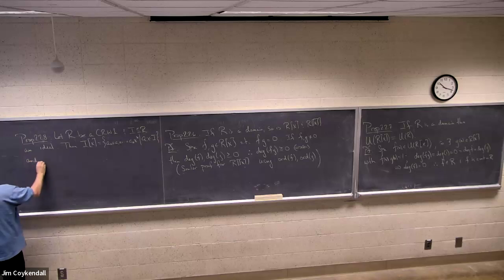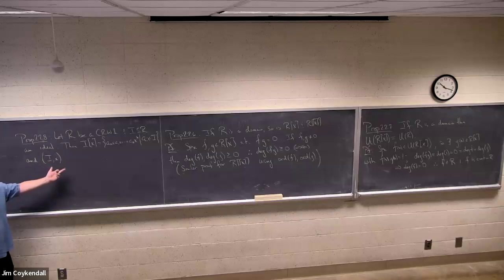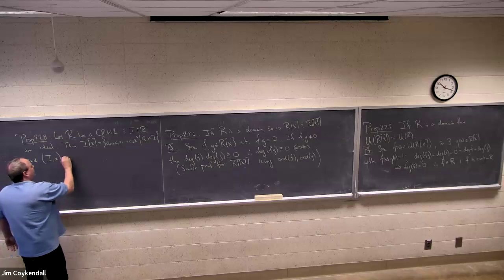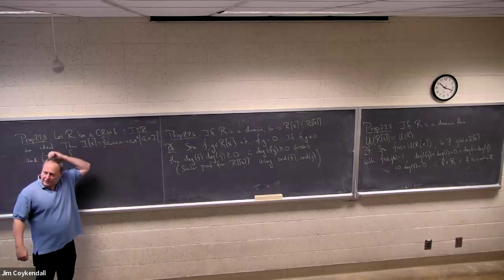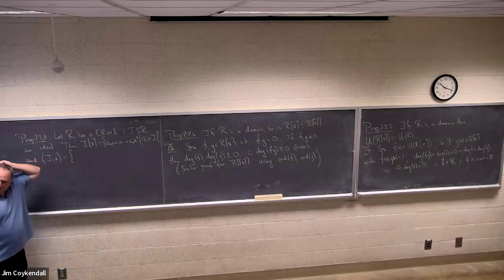And (I, x), of course, we know this notation. This is the smallest ideal of R[x] that contains both I and x. By the way, can we describe what this looks like? There's kind of an easy description in the flavor of this one. The polynomials such that a0 is in I. That's right.